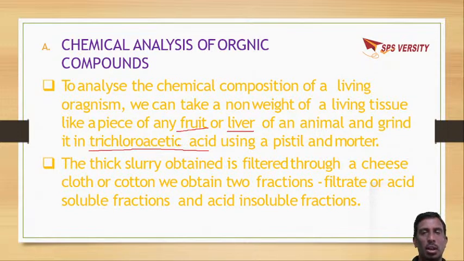After grinding, we'll get a thick slurry. This thick slurry is filtered through a filter paper, that is a cheesecloth or a cotton. The molecules which are filtered through this, which is called filtrate, are acid soluble. And the molecules which are not filtered are acid insoluble fractions.